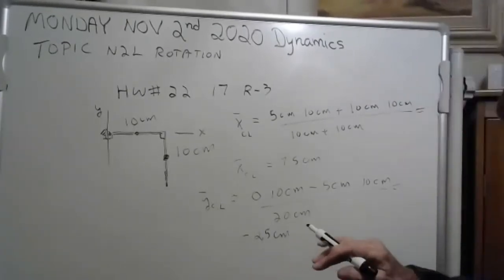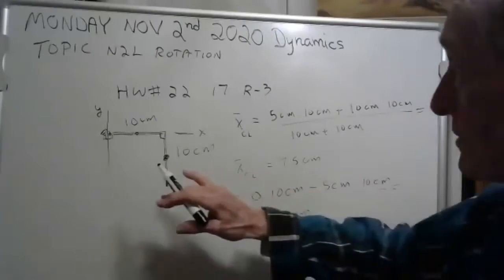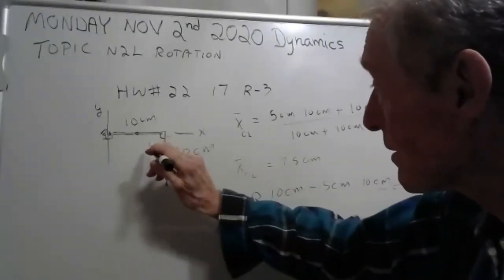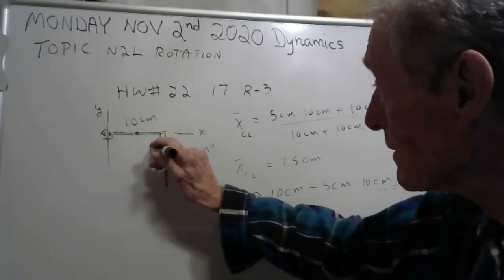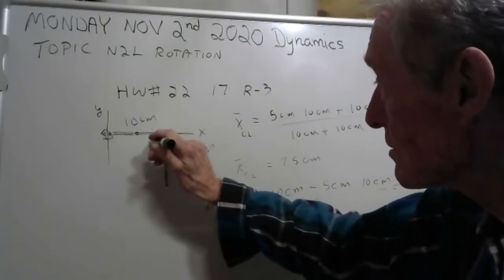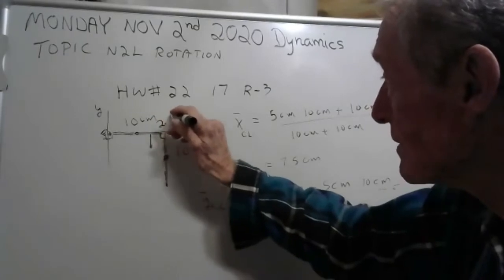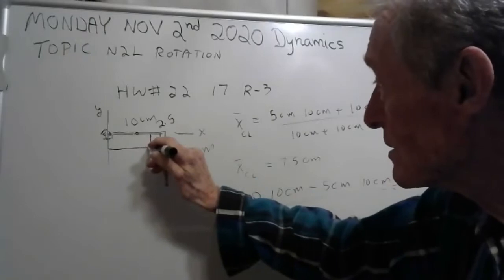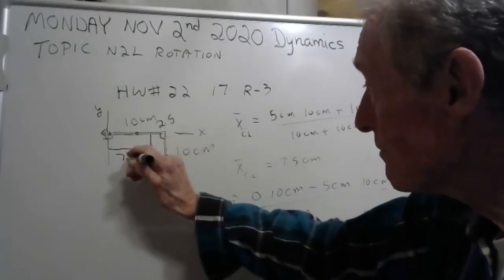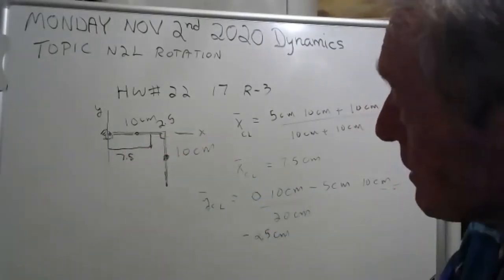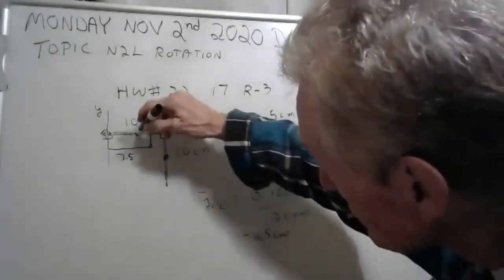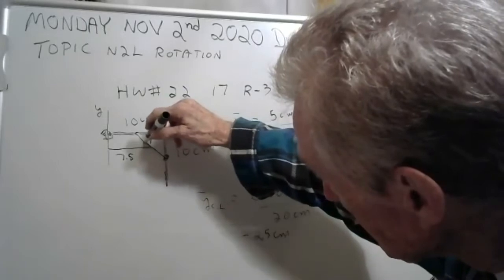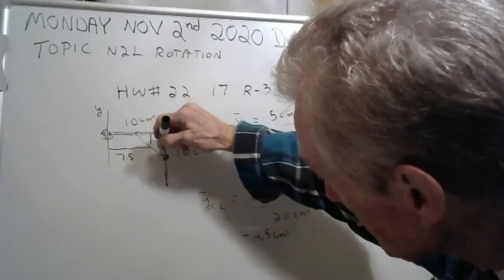Okay, well, let me show you where that is. That's 7.5 over and 2.5 down. You know what? That puts it right there. See this distance here is 2.5, and this distance here is 7.5. And do you notice that this is exactly halfway between a line going between those two bodies?